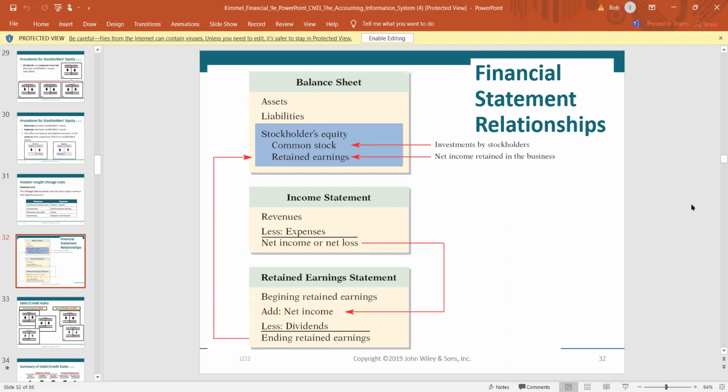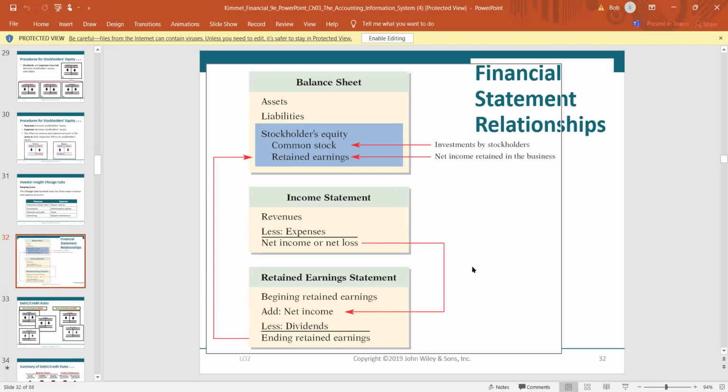Common stock is the investment by the stockholders when we issued cash. Retained earnings goes up by net income. Here it comes down into the retained earnings statement. And if we had any dividends, they would reduce retained earnings.